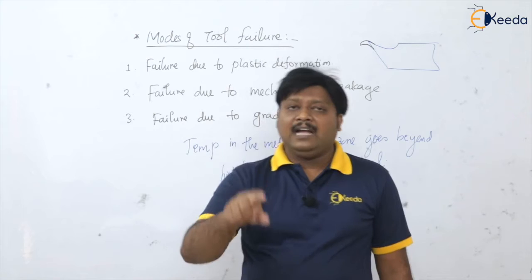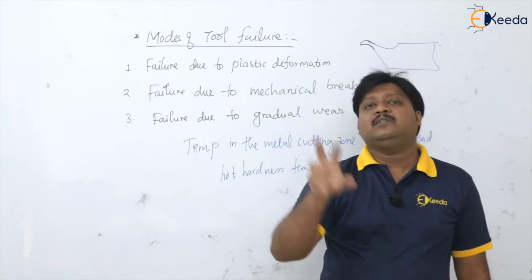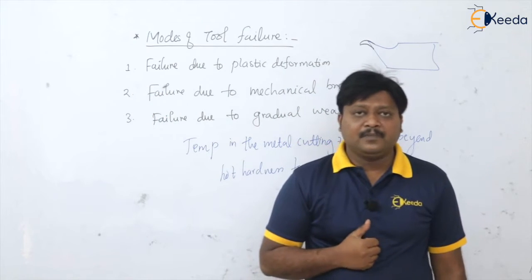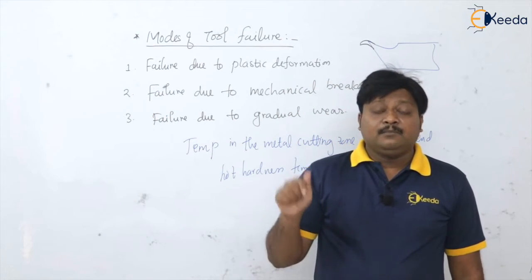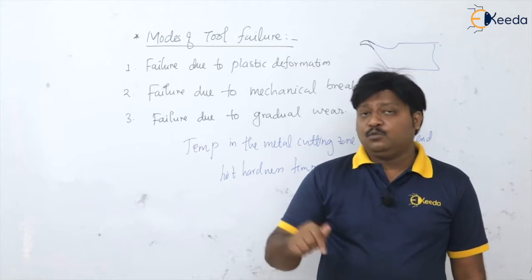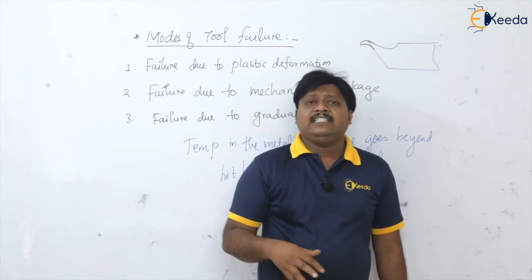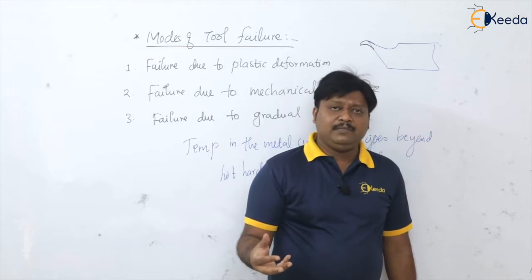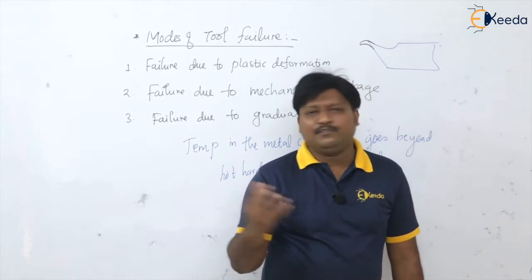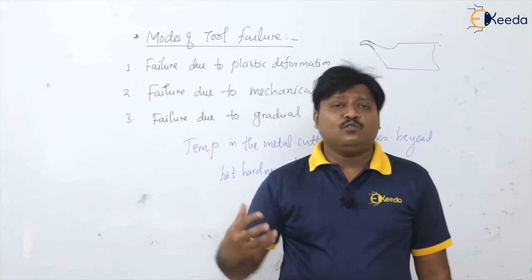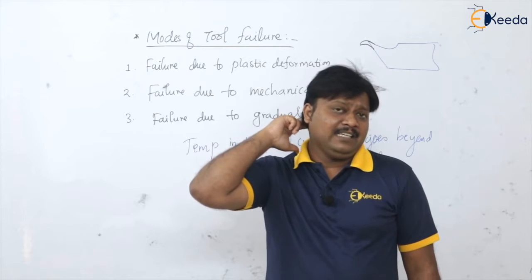If this much temperature is going to be induced in the metal cutting zone, you should select a tool with a higher hot hardness temperature. So that is because of the wrong selection of the tool material. That is the first reason. And the second reason is the wrong selection of process parameters like speed, feed, and depth of cut. We have selected them wrongly, and that is why the temperature in the metal cutting zone goes very high, beyond the hot hardness temperature.